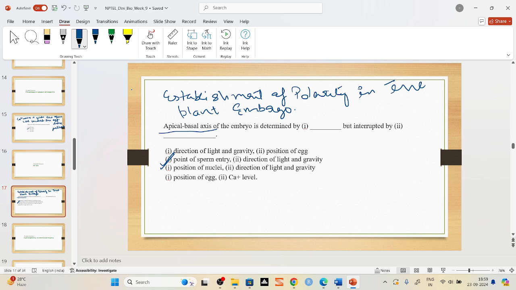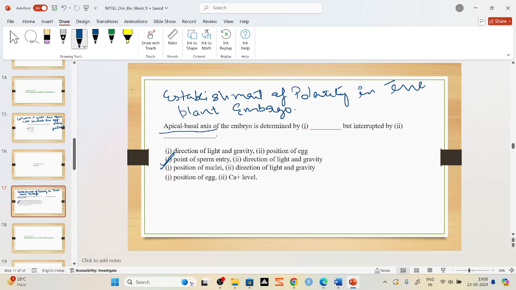But environmental factors such as light and gravity can influence and further redirect or shape the development of the axis. The initial establishment is always created by the point of sperm entry.